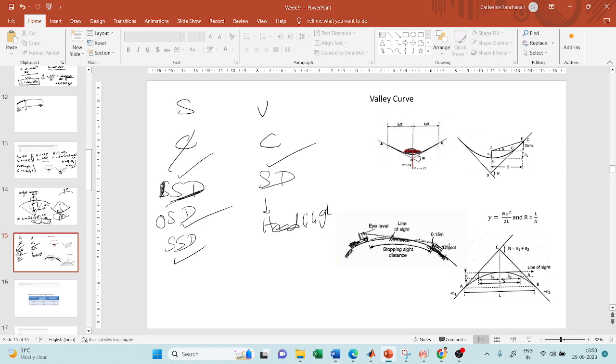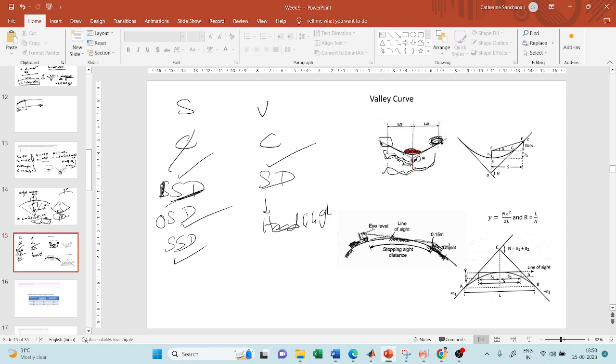So your sight distance even in the daytime is a problem. But for a valley curve in the daytime, sight distance is not a problem, because when you're traveling here itself, you will be able to see the vehicle or obstruction which is here. Even for a longer distance available in front of you, you will be able to see the obstruction and you can easily stop your vehicle.